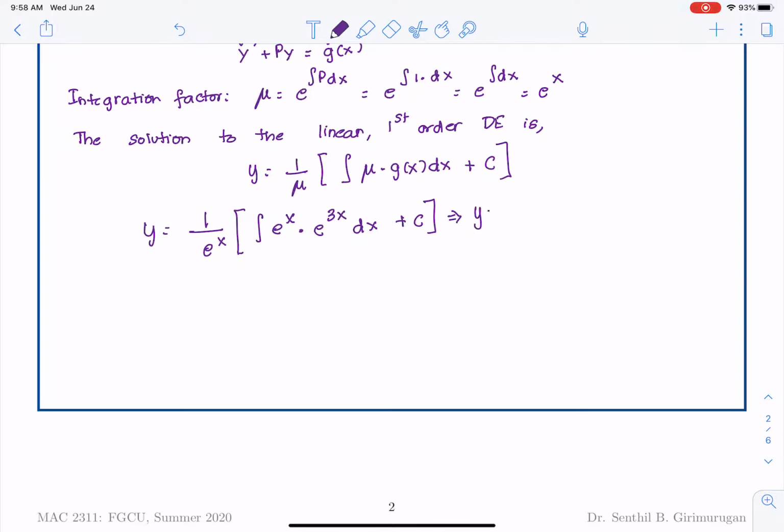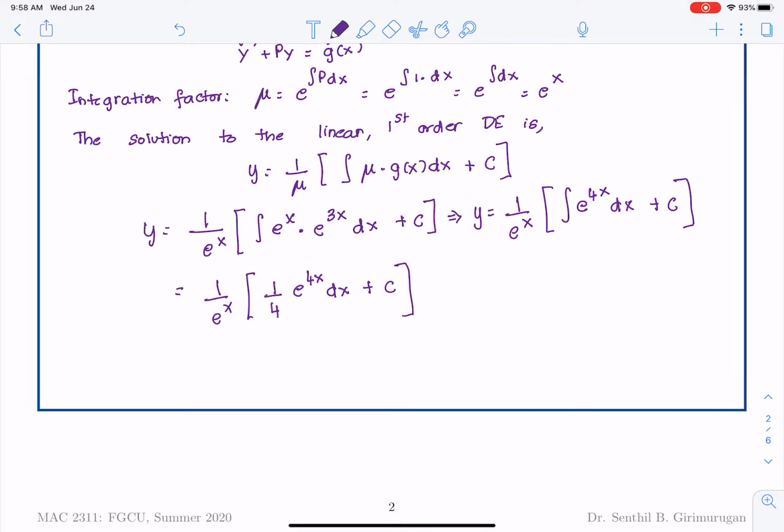Using the properties of exponents, the bases are identical, so we add the powers. x plus 3x is 4x, dx plus c. And we know the integral of e raised 4x is 1 over 4 e raised 4x, plus c.